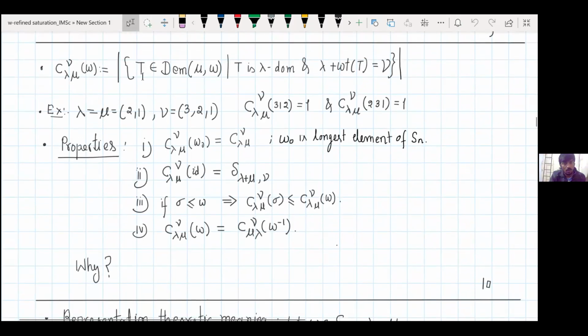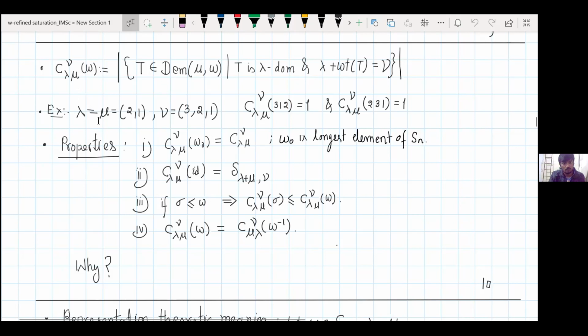You have to take all tableaux in this Demazure crystal you have associated, all tableaux in it which are lambda-dominant, and similar to the Littlewood-Richardson coefficient, lambda plus weight of t is nu. So this will obviously be a subset of the previous set for the Littlewood-Richardson coefficient. So we call it the refined Littlewood-Richardson coefficient, and in the notation we put W because it depends on W.